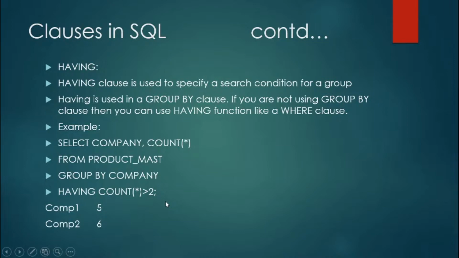This query will fetch two columns, company and the number of rows, only if that company has more than two records. In the output, company 1 has 5 records and company 2 has 6 records. This is what we got through the having clause.